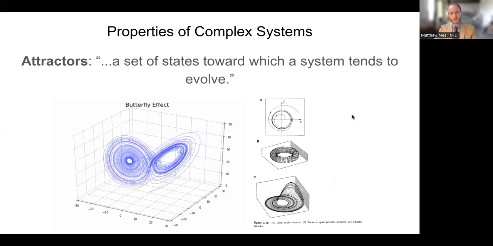For neurons, they have a characteristic firing rate, a basal firing rate. If the neuron's perturbed, whether it's say an excitatory signal, it'll fire faster. But then the outside arrow in the figure A shows that the system will then gradually move back. It's attracted back to the limit cycle, the normal firing rate.